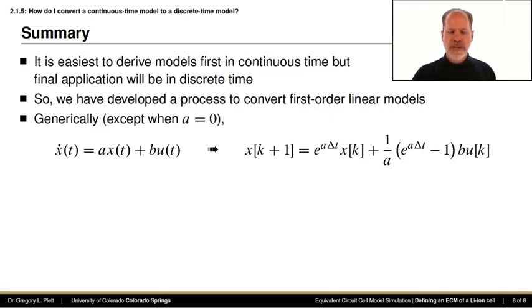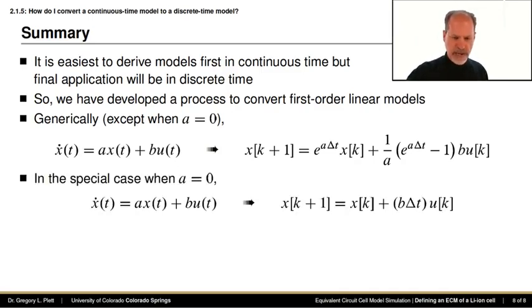We found generically, except when the constant a equals 0, we could convert this time derivative of x dot equals ax plus bu into a difference equation where next x equals e to the aΔt times present x, plus 1 over a times e to the aΔt minus 1 times b times the present input u.